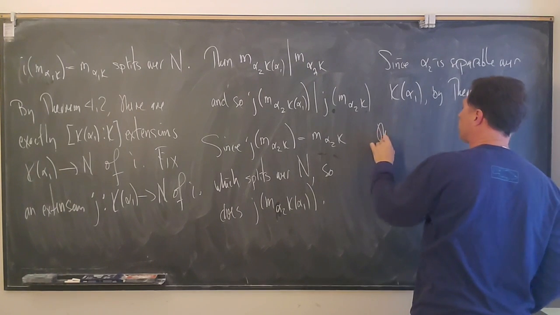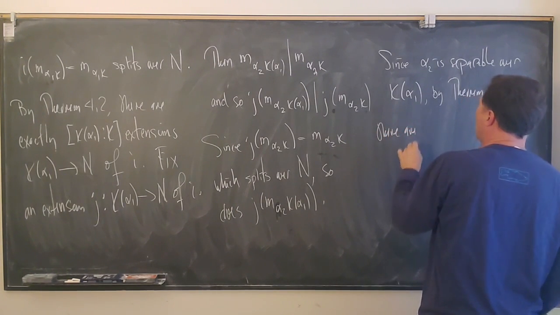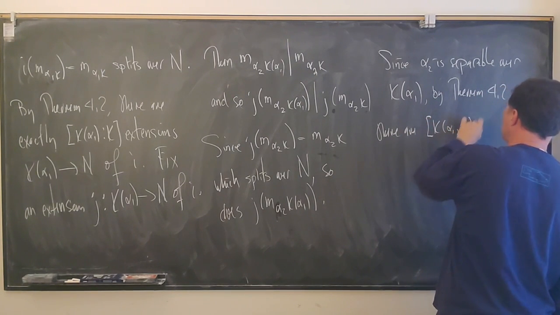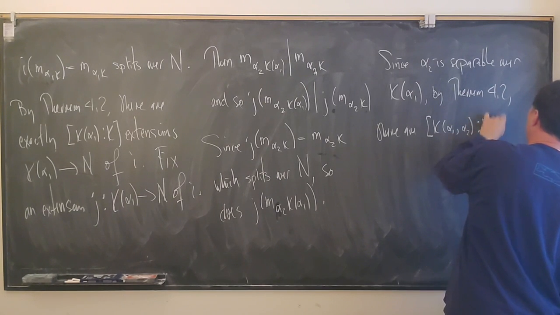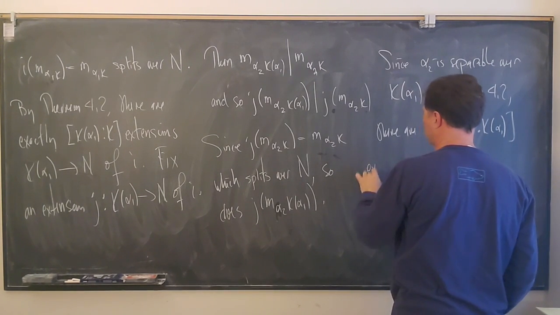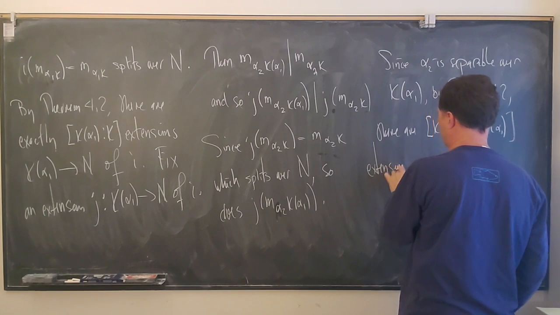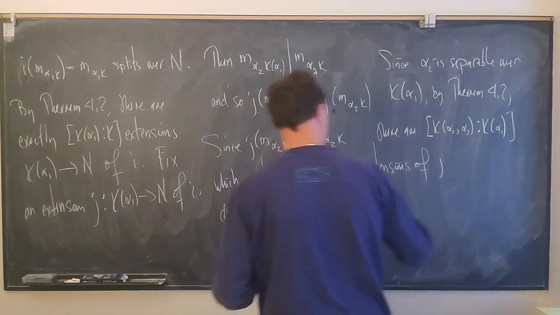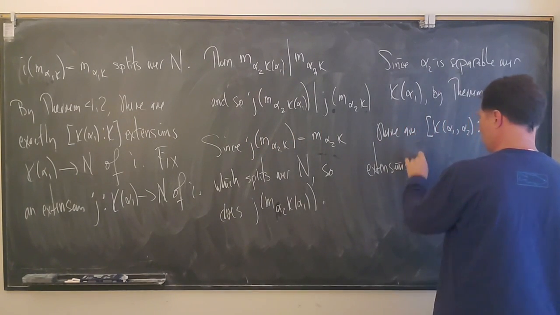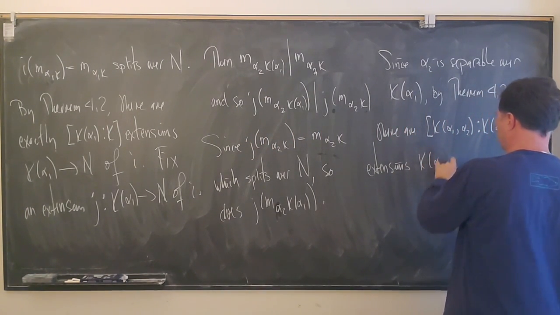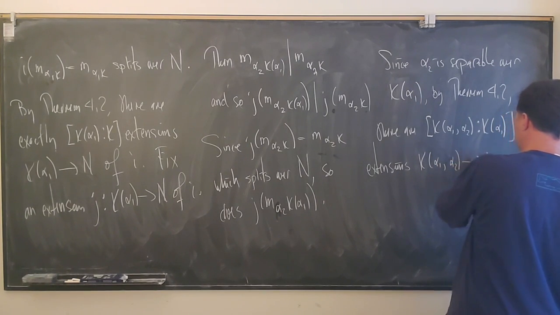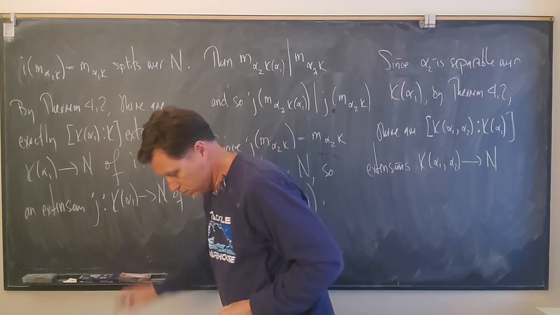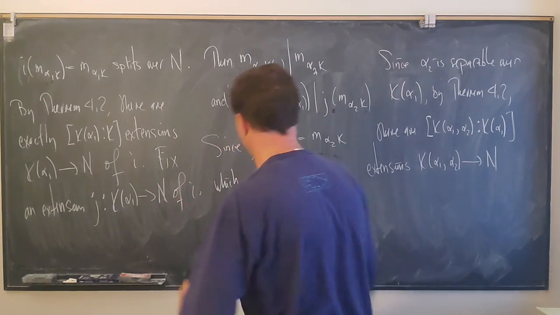There are K adjoin alpha 1, alpha 2 over K adjoin alpha 1 extensions of, or extensions K adjoin alpha 1, alpha 2 into N. Why did I put an L there?